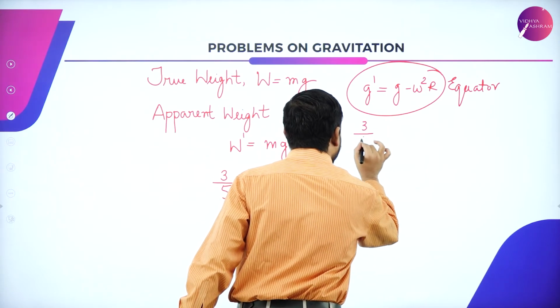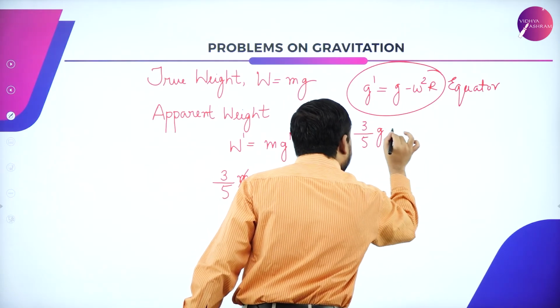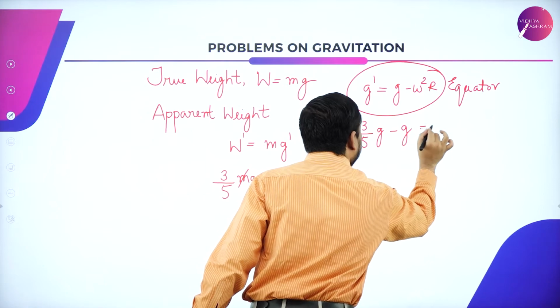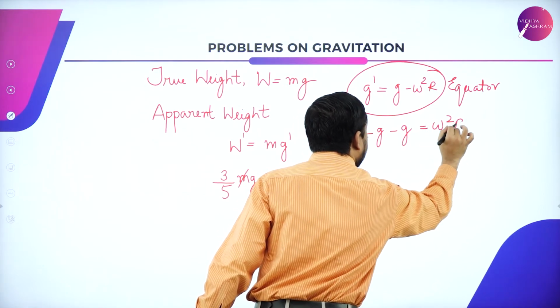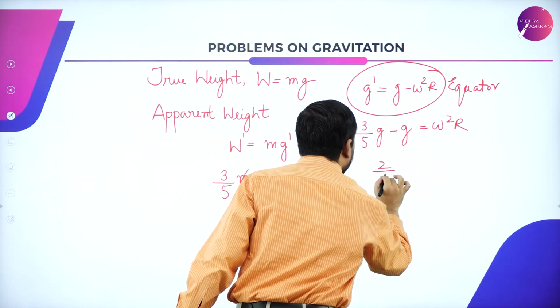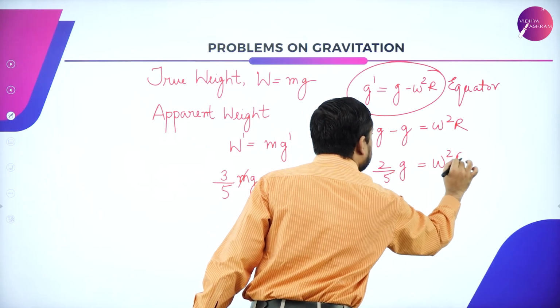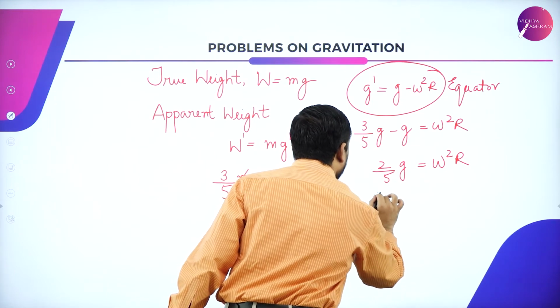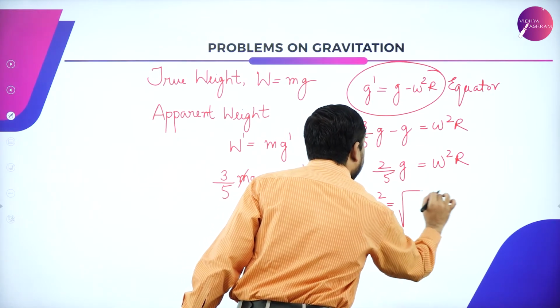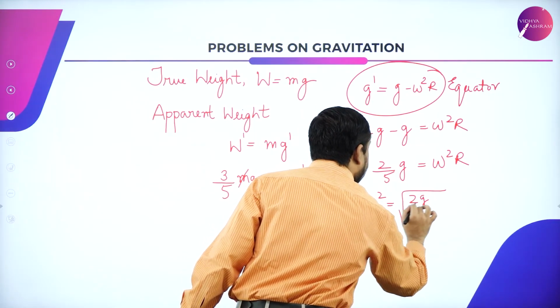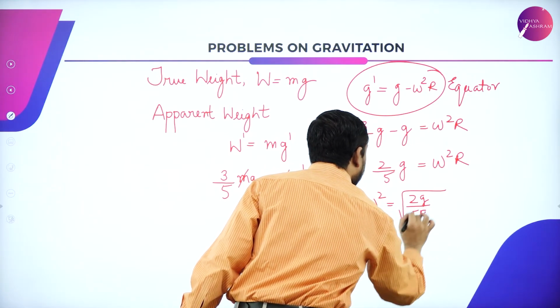This is 3 by 5 G. So 3 by 5 G equals G minus omega square R, 2 by 5 G is omega square R, or omega square is 2G by 5R.